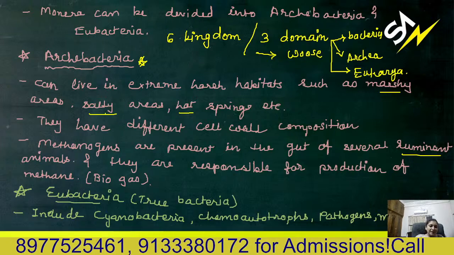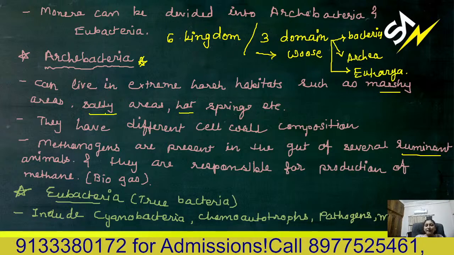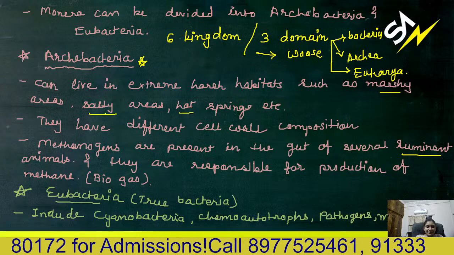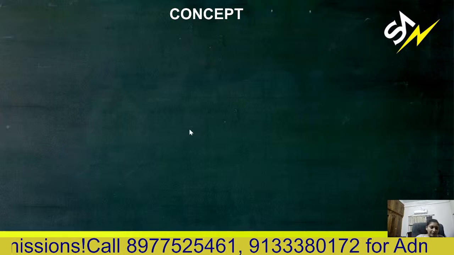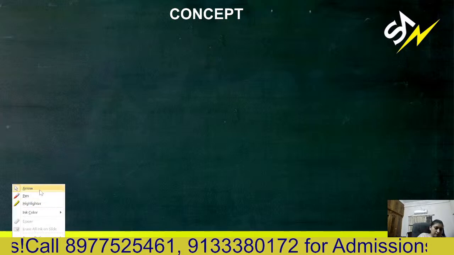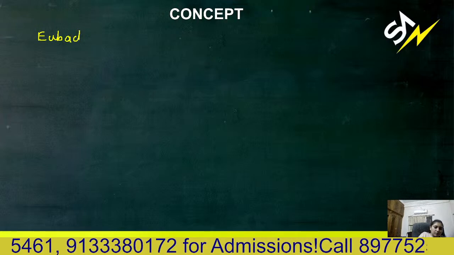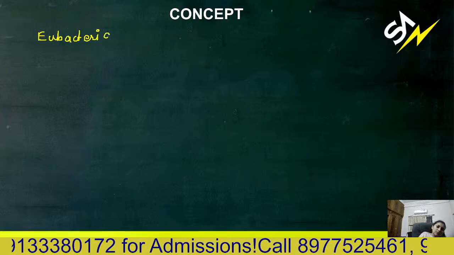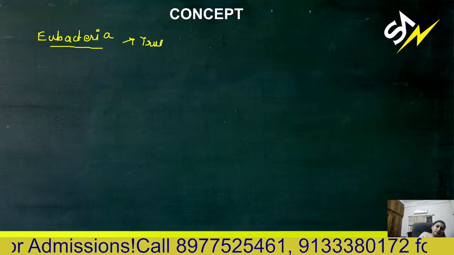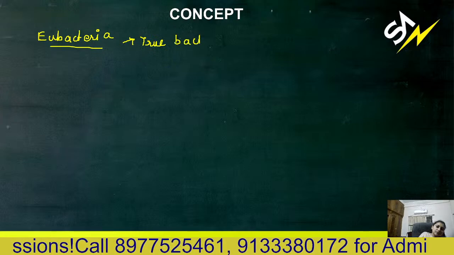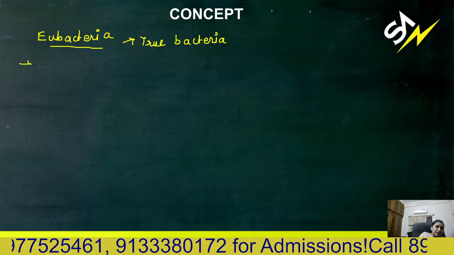Now eubacteria include cyanobacteria, chemoautotrophs, all the pathogens, mycoplasmas, etc. First I'll discuss the eubacteria here. Eubacteria means true bacteria. Again I am repeating, bacteria means Monera.